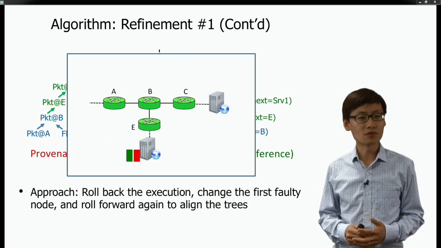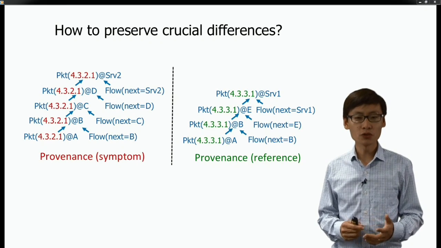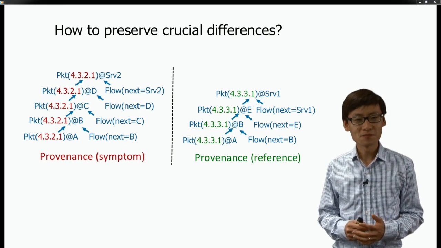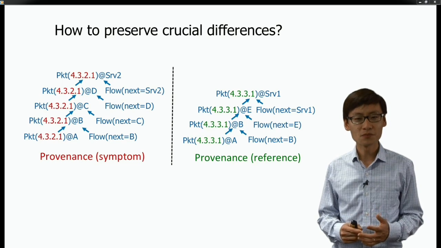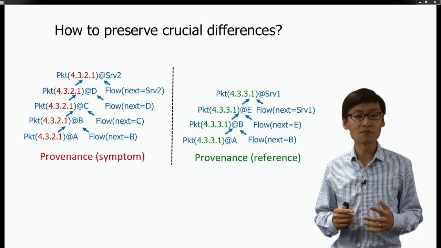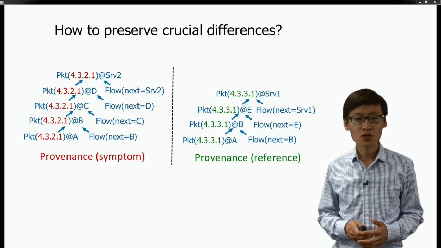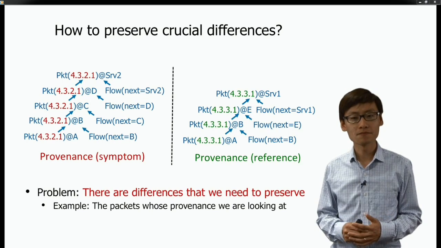However, there's still one problem. In the previous example, I've shown you a simplified provenance tree. But if you look closer, the provenance trees actually look like this. Remember that those two provenance trees are triggered by different packets. So we want that fact to be preserved in our algorithm.